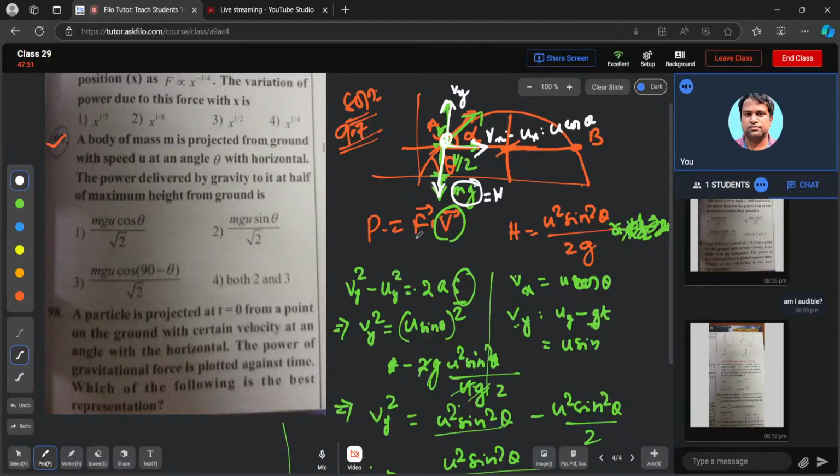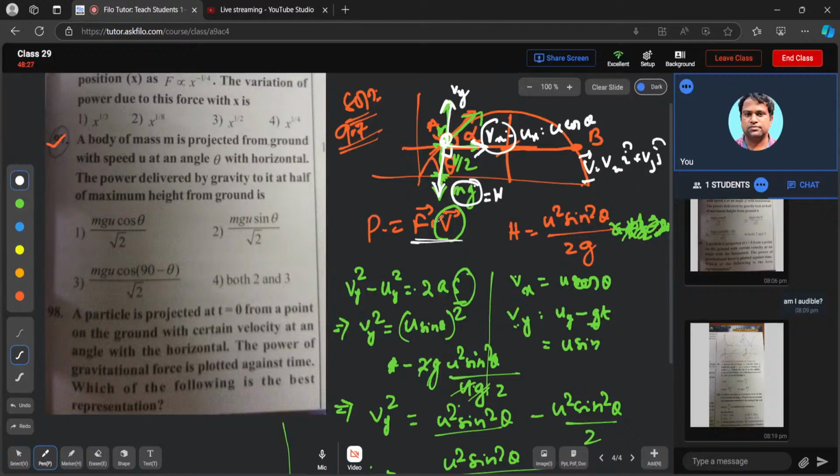All these three things are there, right? So when you are writing F dot v, this Vx component, if you dot, this is 90, right? Or basically if you write in other way, we can write Vx i cap plus Vy j cap, the net velocity vector.